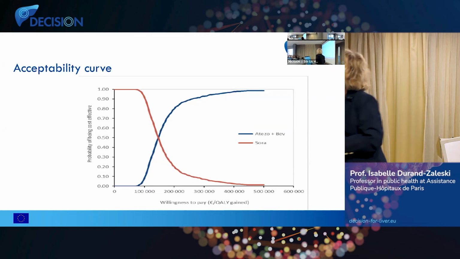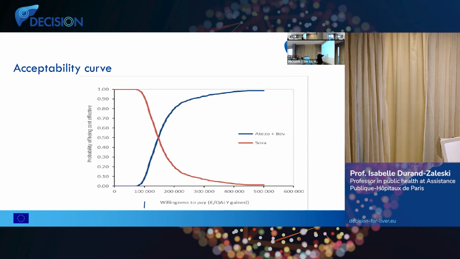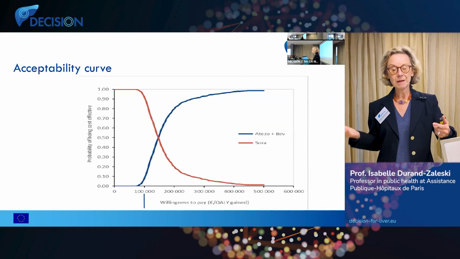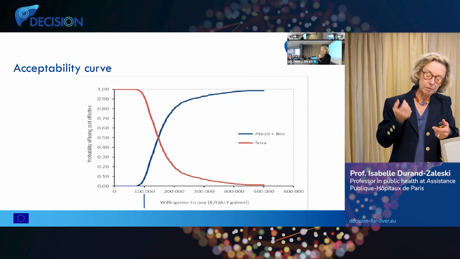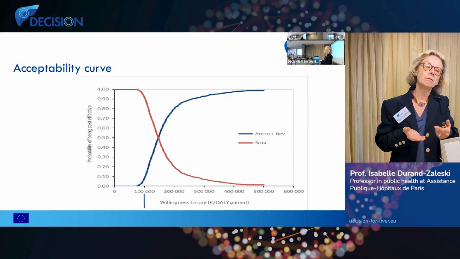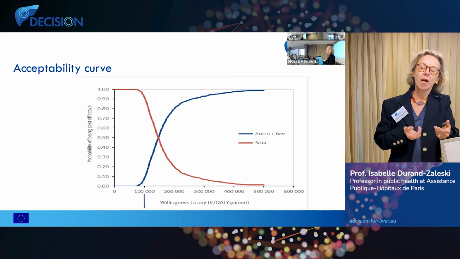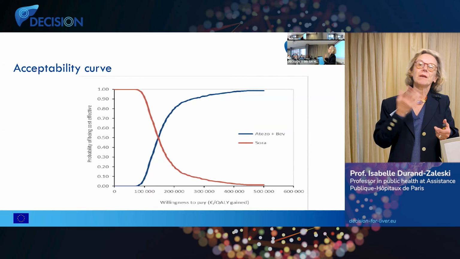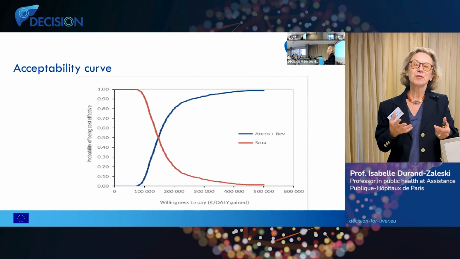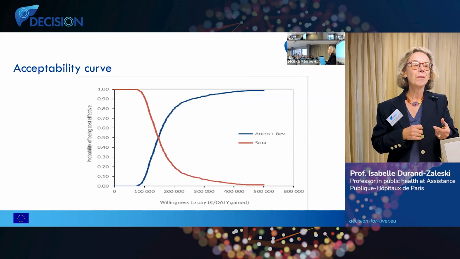We start here at 100,000. So it's a little bit like, I want to have a nice meal for two, but I only have €100, which is already quite a lot. What is the probability that I will have a good meal if I go to a 3-star restaurant?